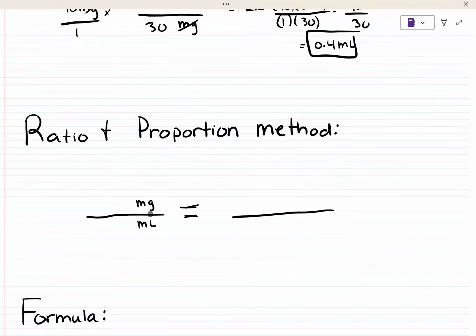It doesn't matter as long as both sides match. So we put milligrams on top and milliliters on the bottom. Our availability was 30 milligrams per 0.3 milliliters. We were given 40 milligrams, but we want to know how many milliliters, so that's our unknown.